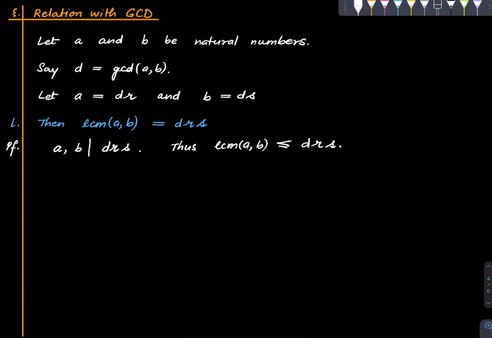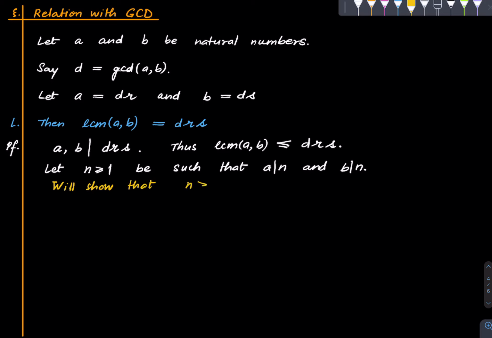So we have that. And now let n be any common multiple, such that a divides n and b divides n. We will show that n is at least drs.